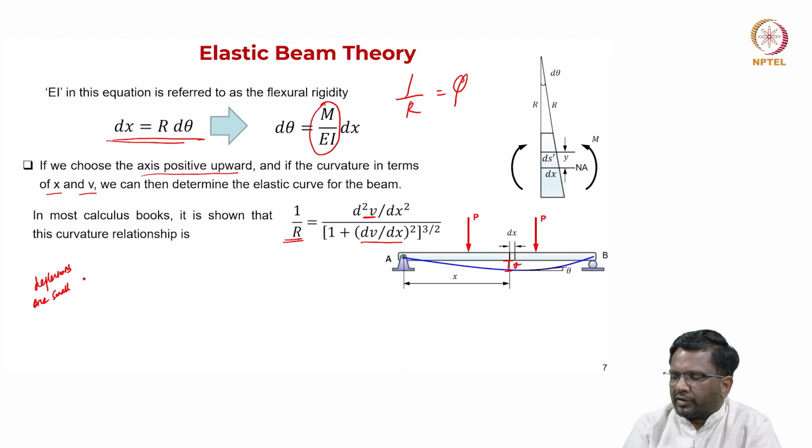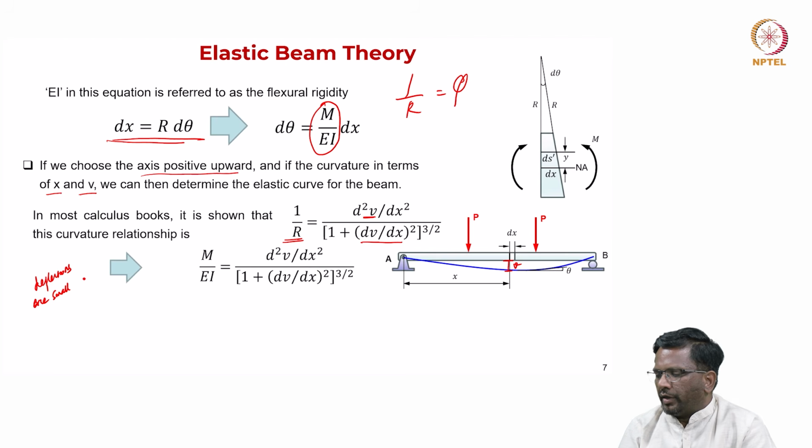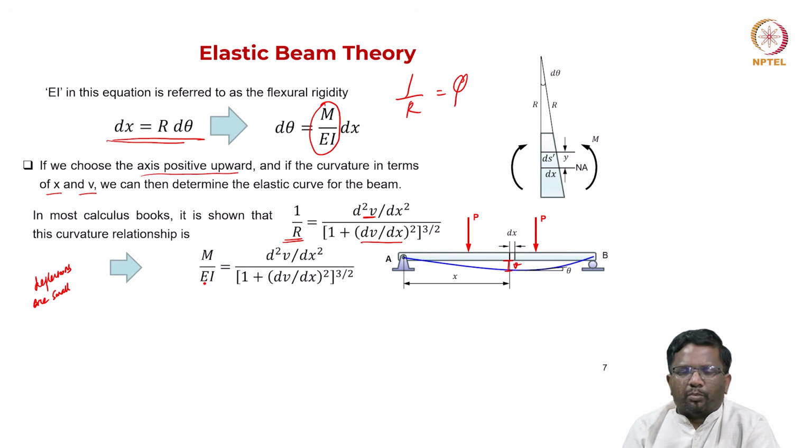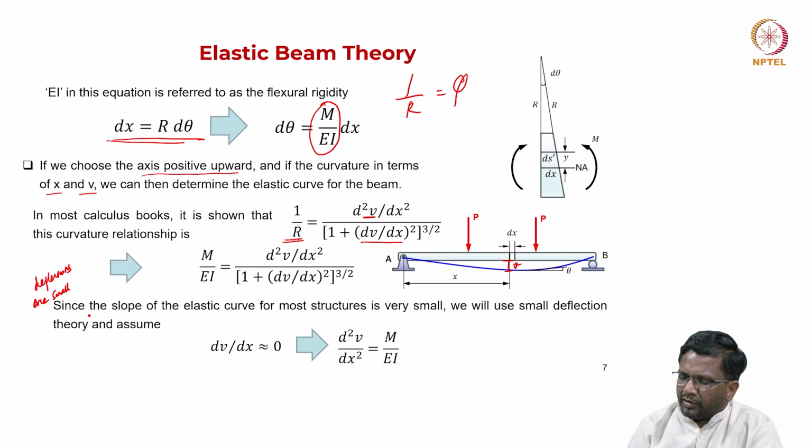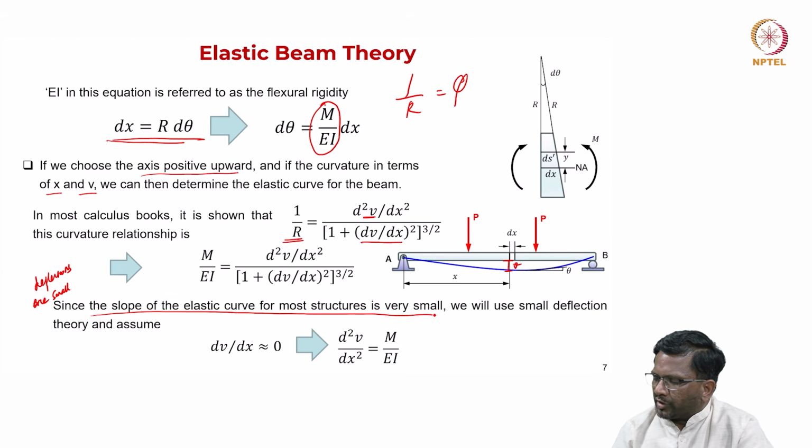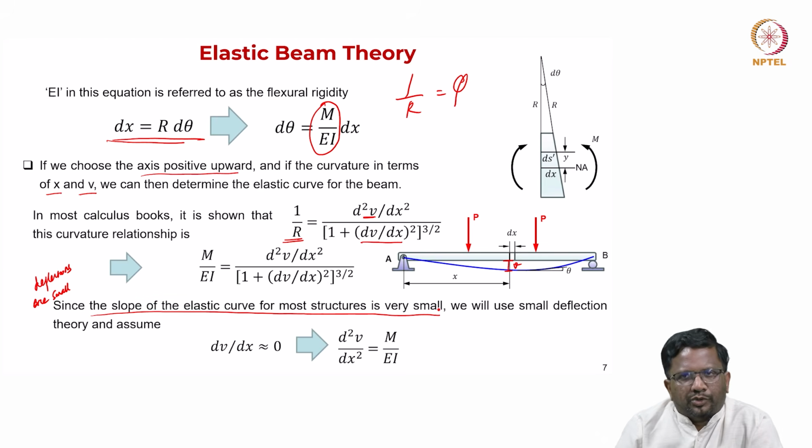In small deflection theory, if the deflections are very small compared to the length of the member, then the dv by dx term can be considered to be nearly 0. Again, 1 by r is nothing but M by EI. Since the slope of the elastic curve for most structures is very small, we use small deflection theory and assume that dv by dx is approximately 0.